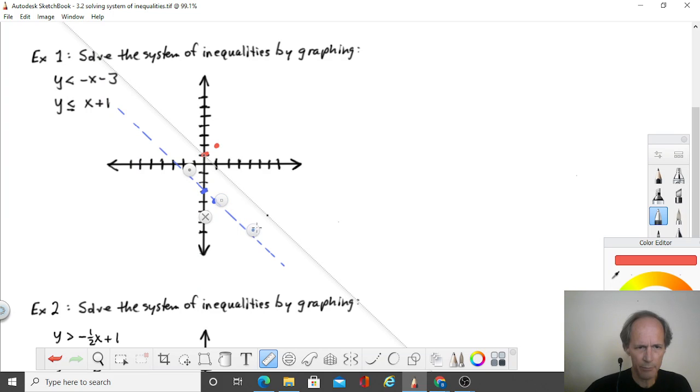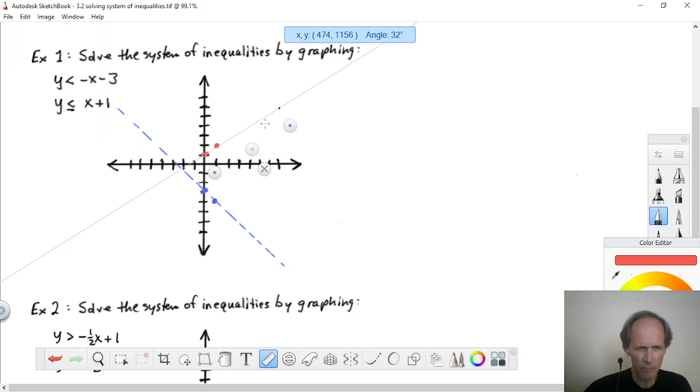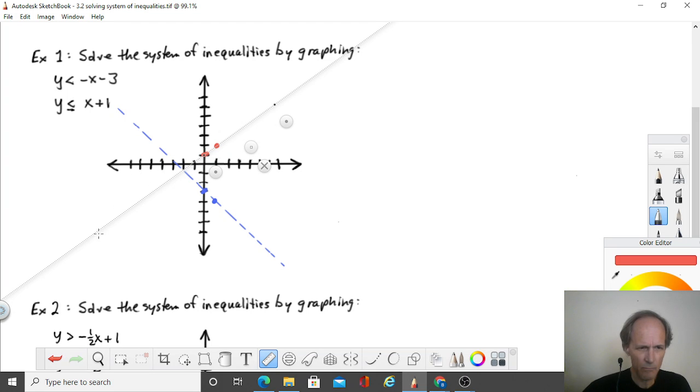Make that a dashed red line. Oh, sorry, this one's a solid red line. Okay, because this is less than or equal, so we make a solid line.